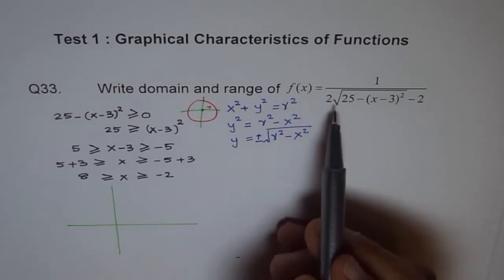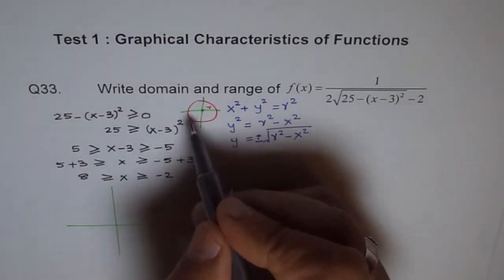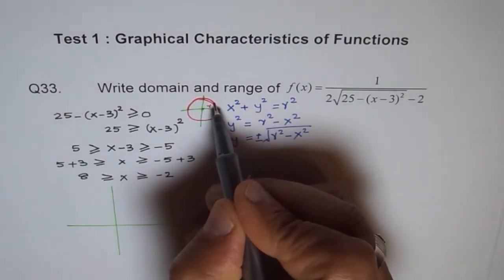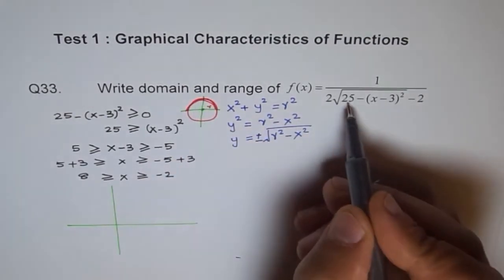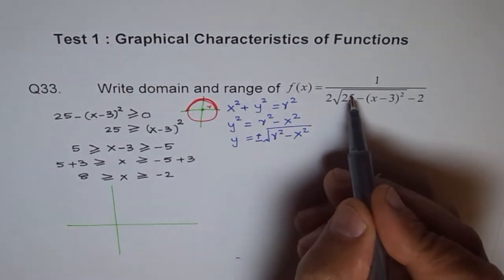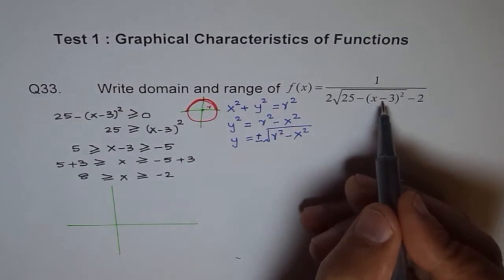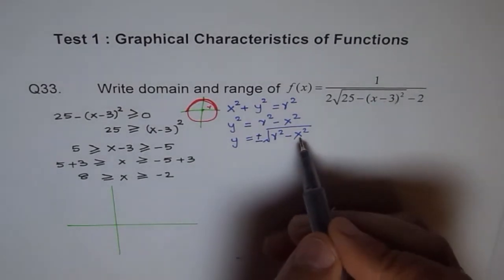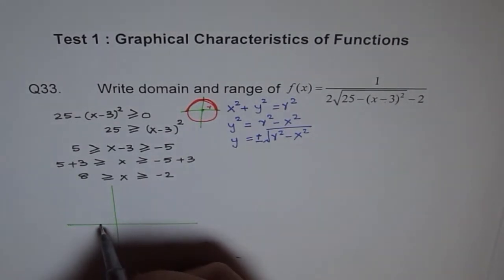And when we say it like this one, we are only considering the positive half. That means we are only interested in the top part of the circle with radius r, correct? Here r squared is 25. And the x point is shifted 3 units to the right. So basically, we have a circle like this here.